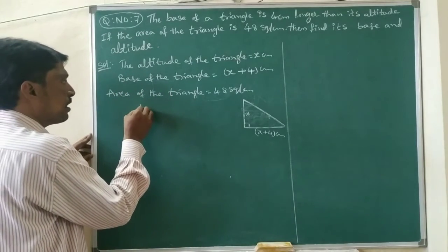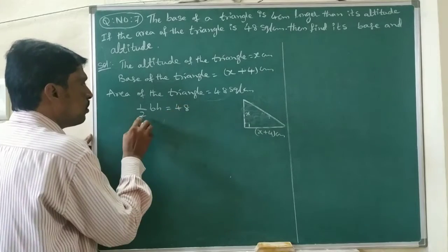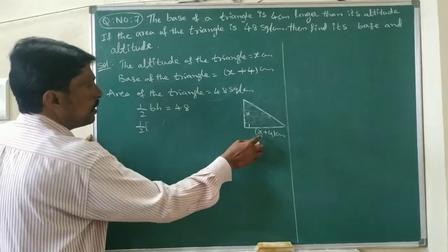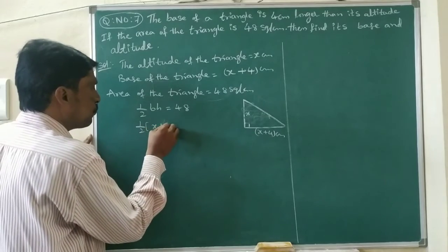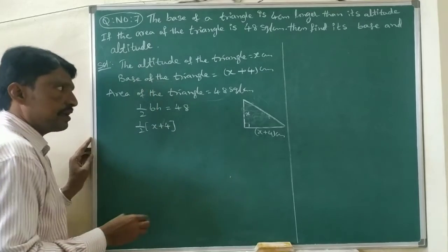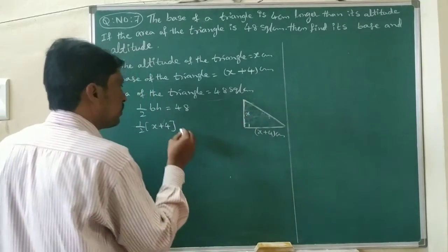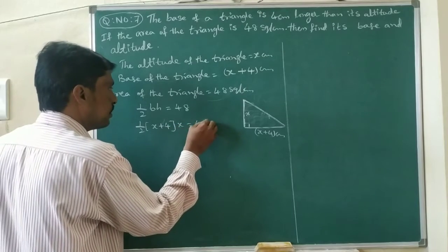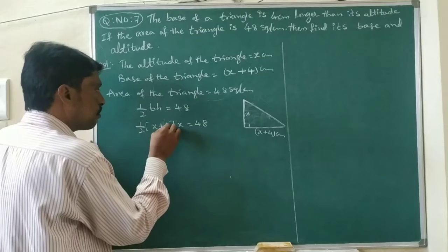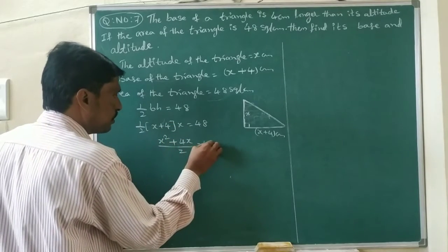So area of the triangle, 1 by 2 BH equals 48. 1 by 2 as it is. Base is x plus 4, into height. Height means altitude of the triangle, which is x, equals 48. So x into x, x square plus 4 into x, 4x, whole by 2 equals 48.